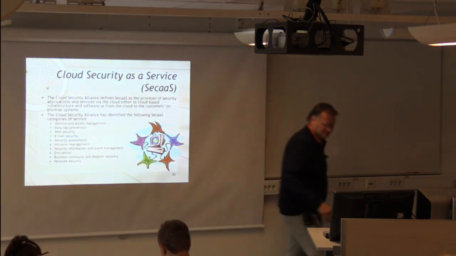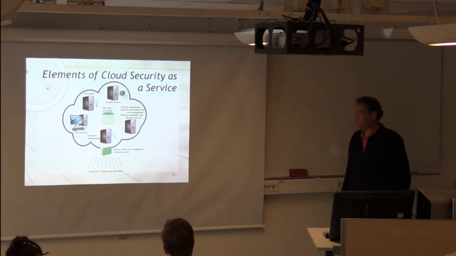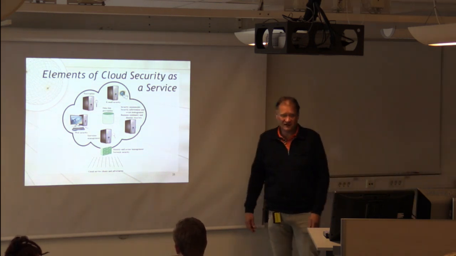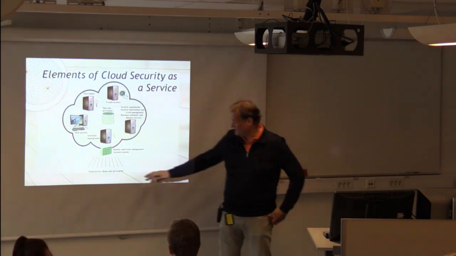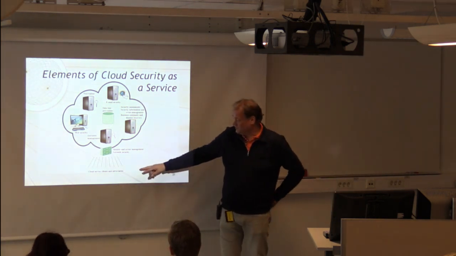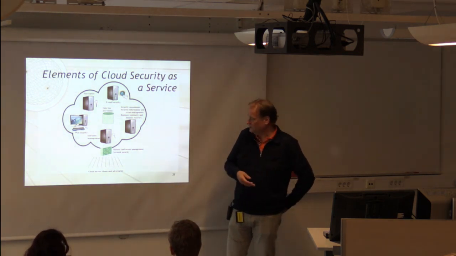Well, lots of ideas on what we can put in the cloud, and this is just a model for showing where that could fit. Doesn't say very much, but down here we have a cloud service client that will put part of security in the cloud.